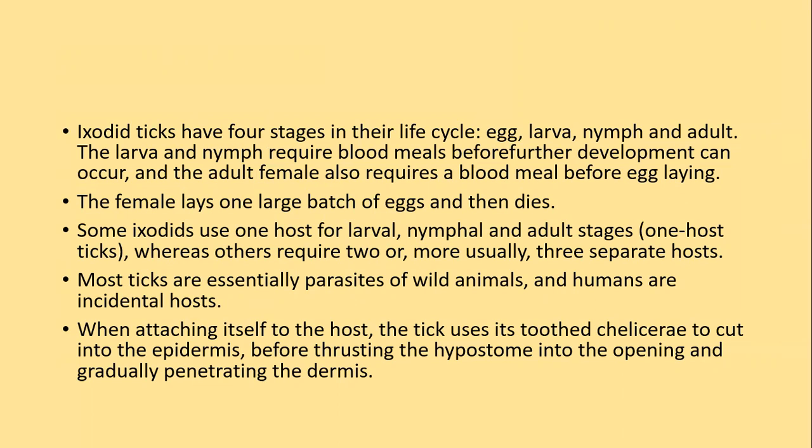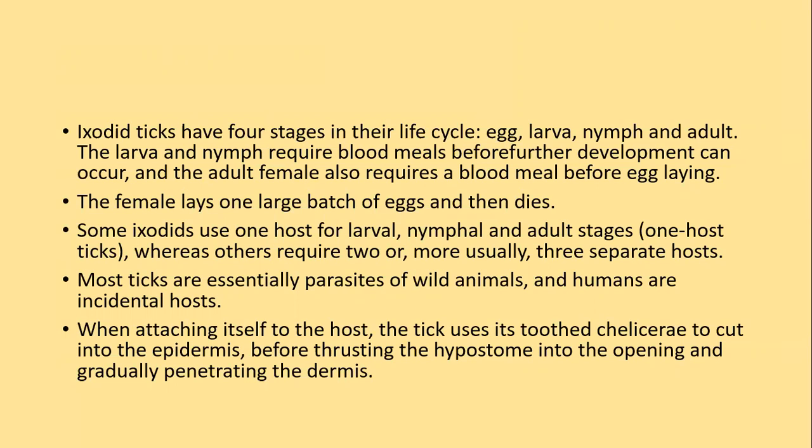The female tick lays 1 large batch of eggs and then dies. Some Ixodids use 1 host for the larval, nymphal, and adult stages, 1-host ticks, whereas others require 2 or more, usually 3 separate hosts, one for every stage.